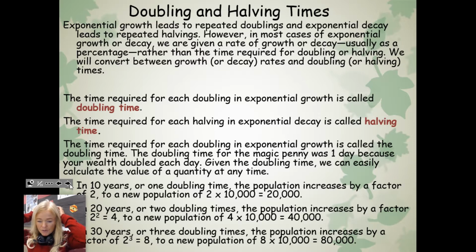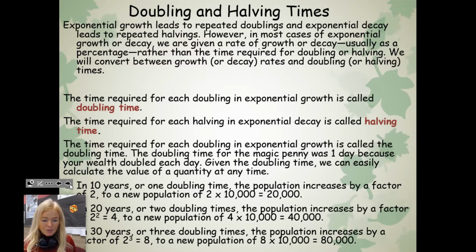In 10 years, or 1 doubling time, if the population started with an initial population of 10,000 and the doubling time is 10 years, the new population after the 10 years will double to 2 times 10,000, or 20,000. If 20 years pass, that means 2 doubling times, which is 4 times 10,000, or 40,000, because it would double twice, which is 2 to the second power.